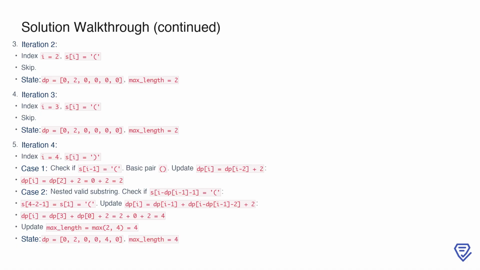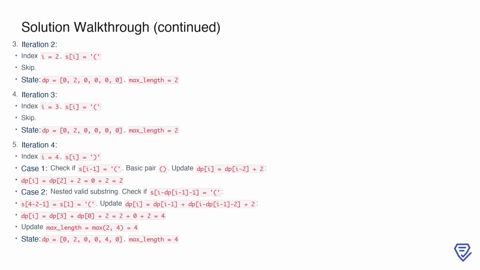Since s[i-dp[i-1]-1] is, we update dp[i] to dp[i-1] plus dp[i-dp[i-1]-2] plus 2. Calculating this, dp[4] becomes dp[3] plus dp[0] plus 2, which equals 4. We then update max_length to max(2, 4), resulting in 4.